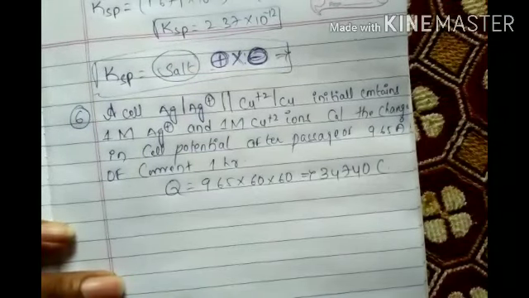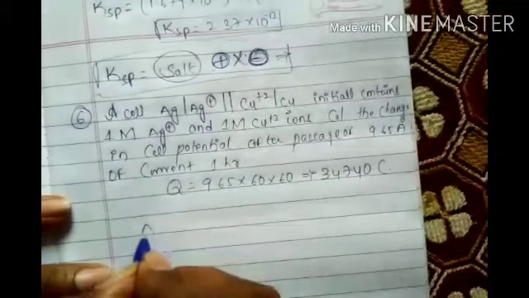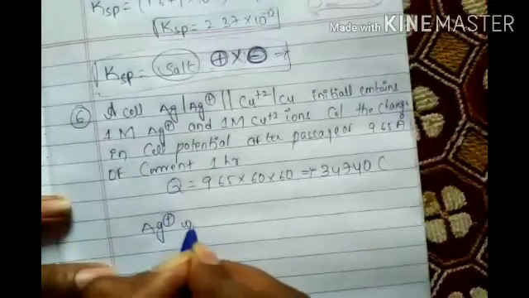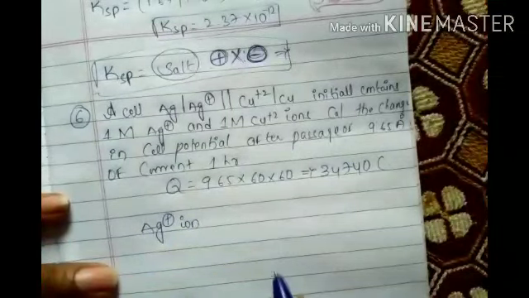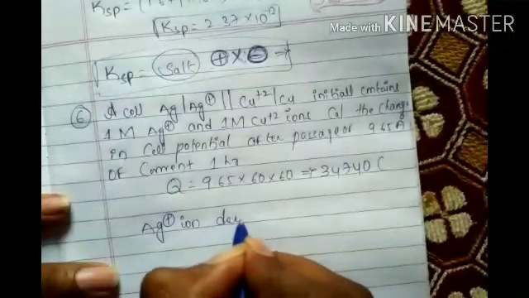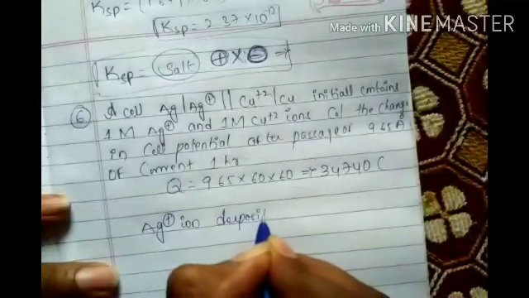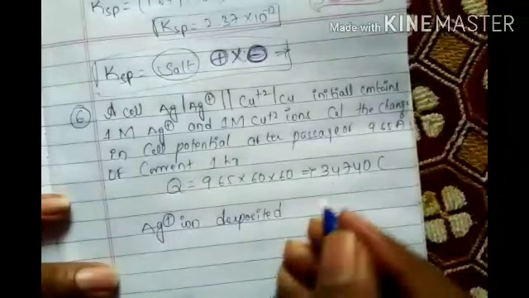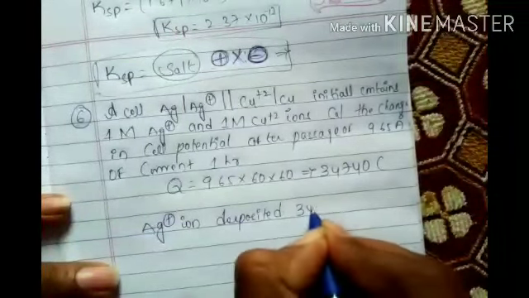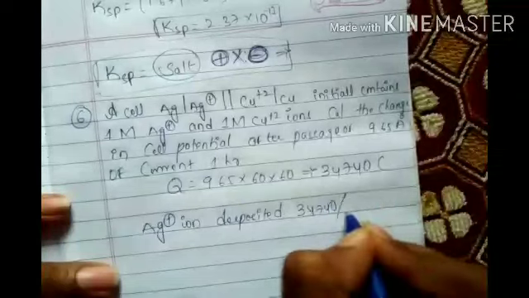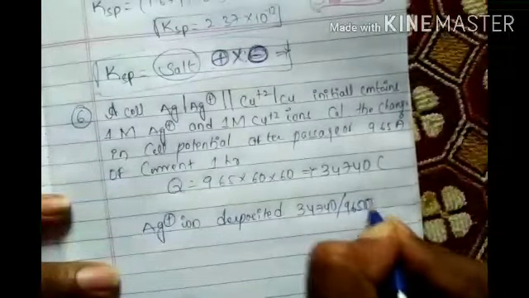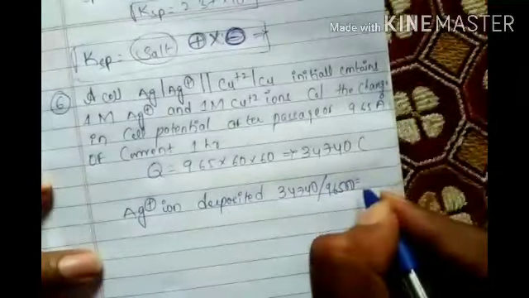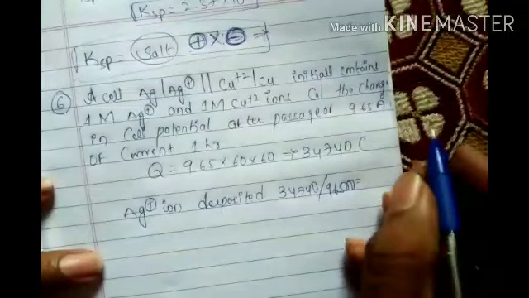Okay, see here Ag plus ion deposited: 34740 by 96500 equals how much? How many moles? Given mass by molar mass.